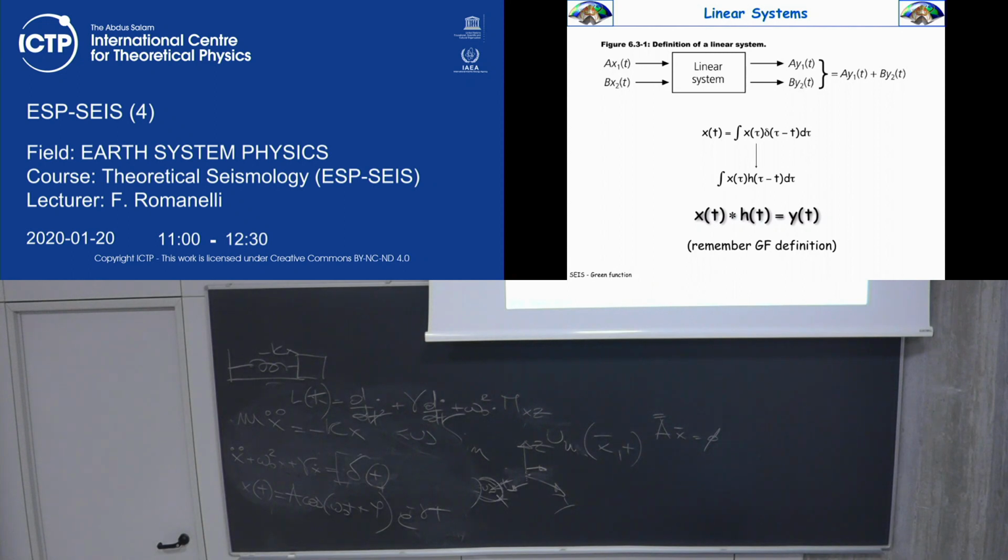Very easy. So if you enter with x1, you know it's giving out y1. If you enter with x2, you know that you get y2. If you enter with a x1 plus b x2, then the output will be a y1 plus b y2. Definition of a linear system.